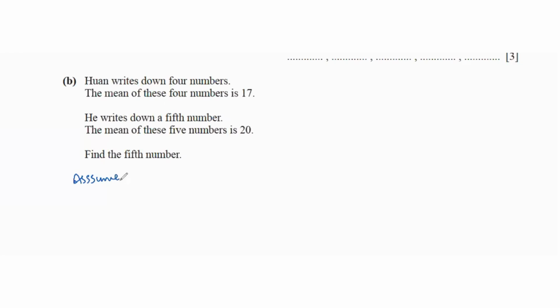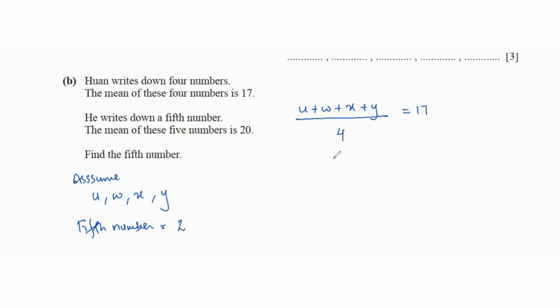Let's assume that the first four numbers are U, W, X, and Y, and the fifth number is Z. So U plus W plus X plus Y divided by 4 equals 17. And U plus W plus X plus Y plus Z divided by 5 equals 20.